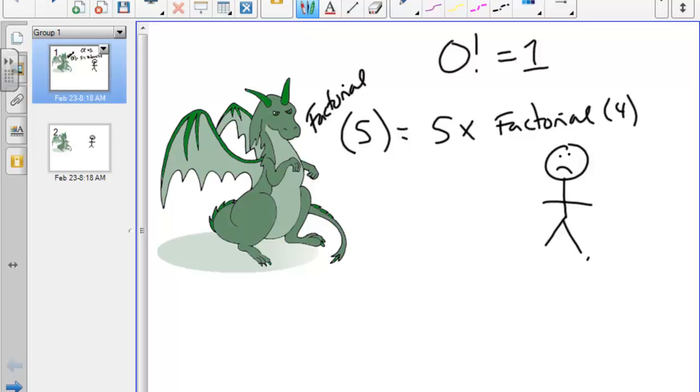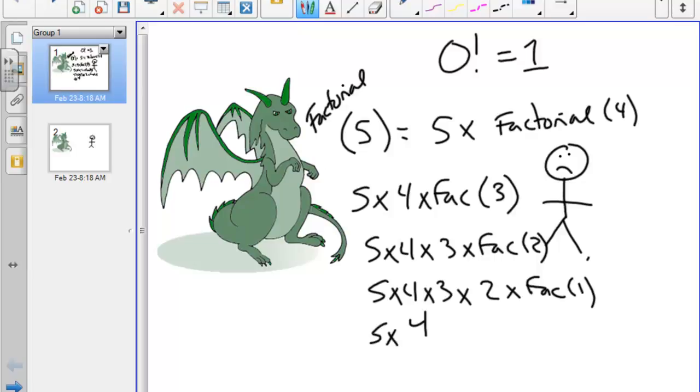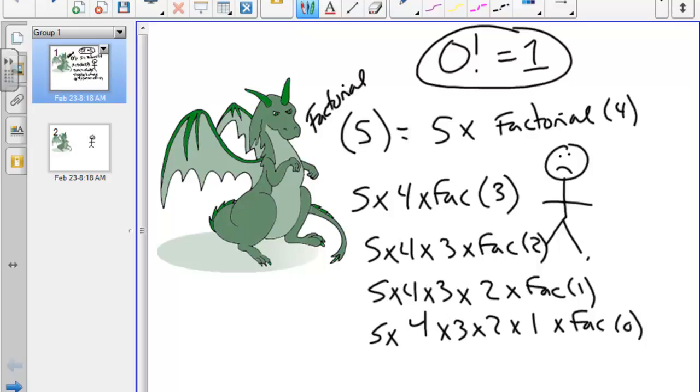Okay. 5 times 4 times the factorial of 3, which is 5 times 4 times 3 times the factorial of 2, which is 5 times 4 times 3 times 2 times the factorial of 1, which is 5 times 4 times 3 times 2 times 1 times the factorial of 0. 0 factorial always equals 1.